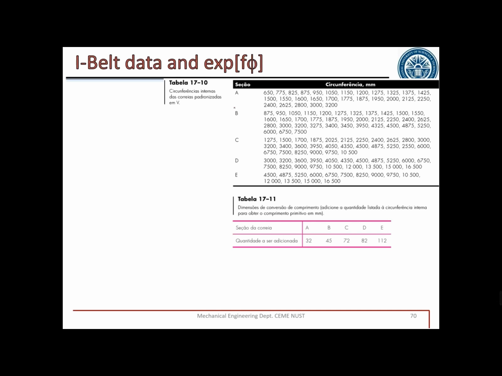Yeah, these are the A, B, C, D, E type belts, for which we have all the dimensions in millimeters. B1275 exists. So B1275 has an inner circumferential length of 1275, but a pitch length of 1275 plus 45, which is 1320 mm.